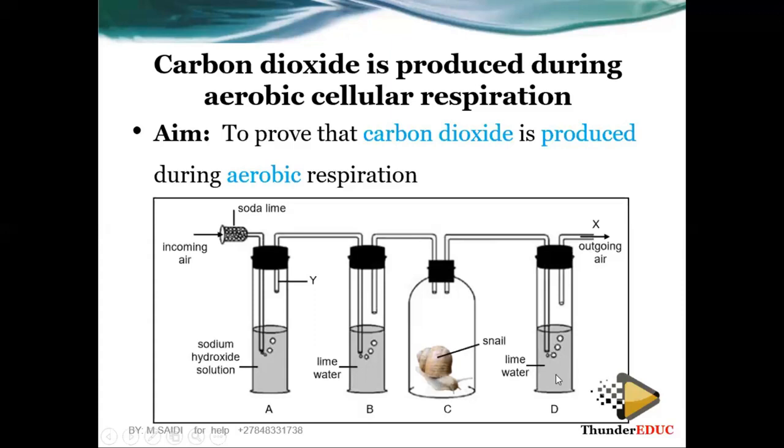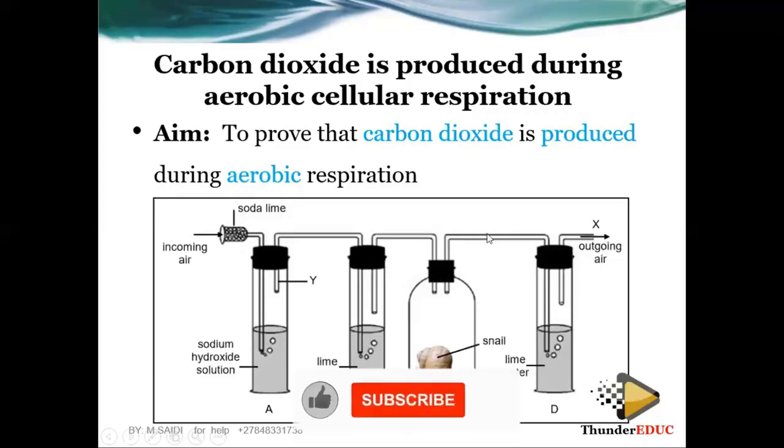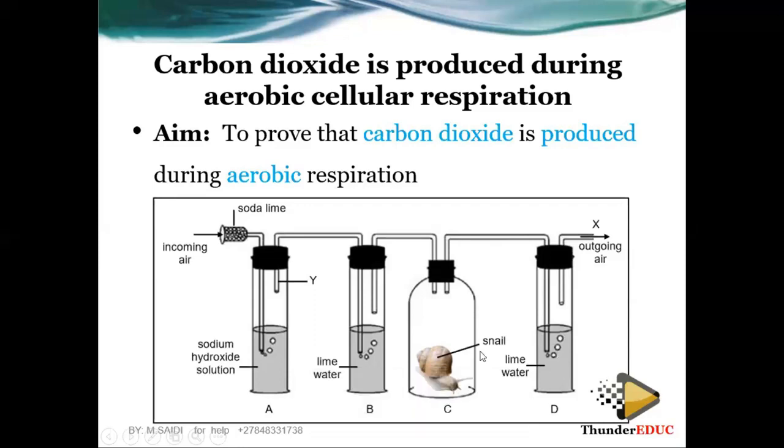This tube will turn milky. Why? Because carbon dioxide has been released by this living organism, and that carbon dioxide will turn this lime water milky. So once it turns milky, we will confirm that this carbon dioxide was obtained from this living tissue.